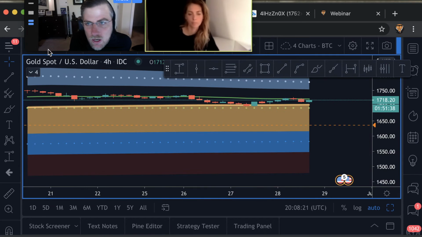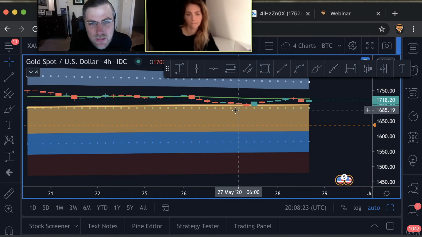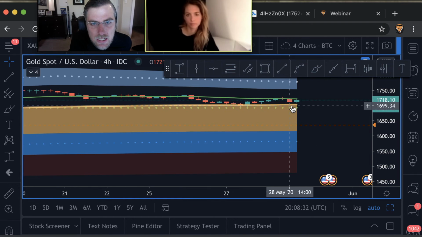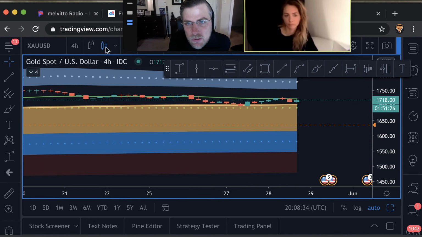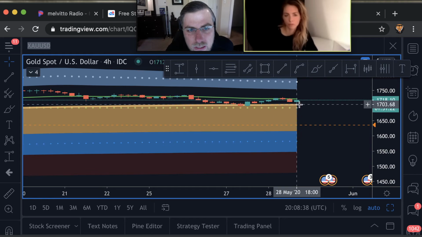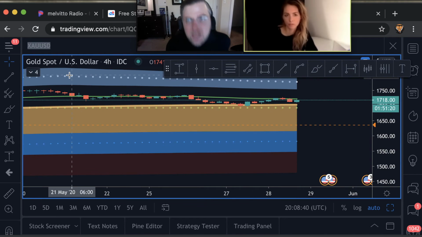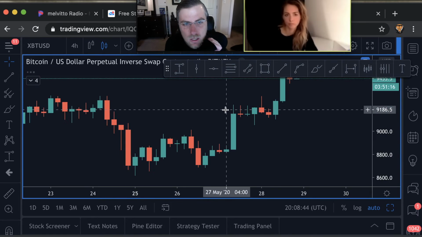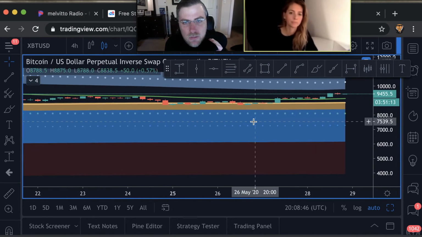We're looking at the 4-hour on IDC, and then the bounce rejected here. So I would really be looking for support to form a bit of a higher low in here. We're just seeing so many similarities between gold and Bitcoin. I'd be looking for a higher low right here, and how similar that would be to what we recently saw with Bitcoin.